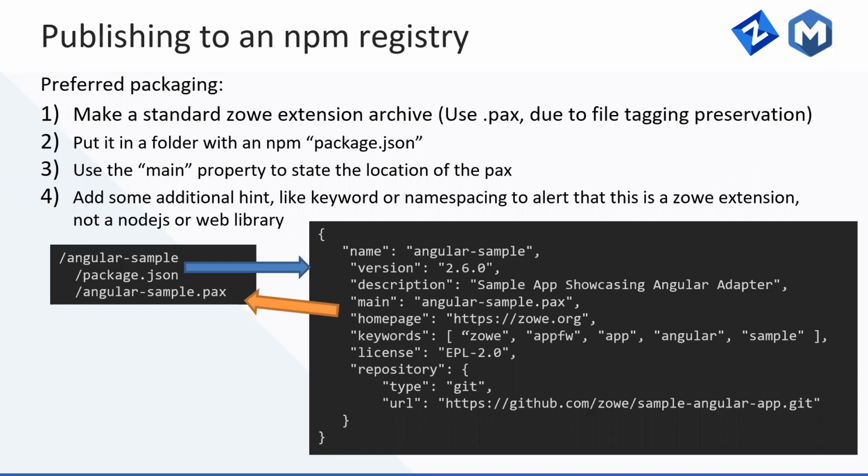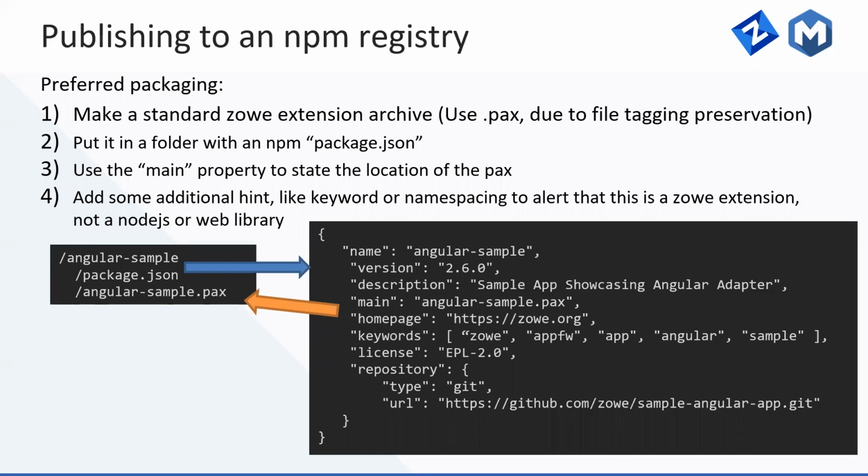But we've repurposed the main argument to say whether the Zowe extension is an archive and where it's located, or if the main is not an archive, then we consider the entire folder itself to be the Zowe extension. So it's all based on looking at the main.